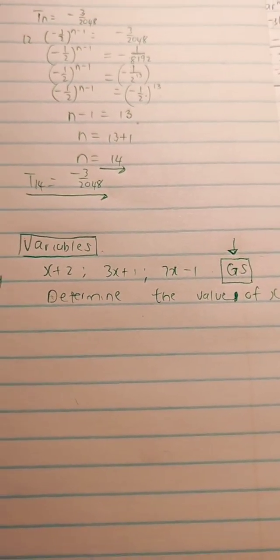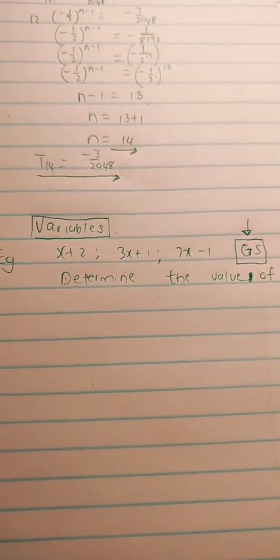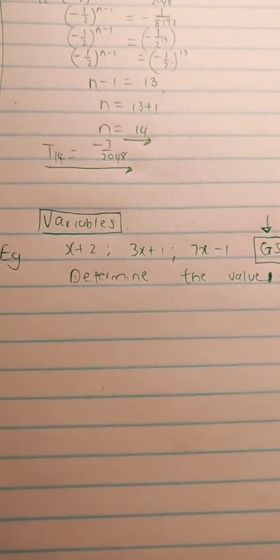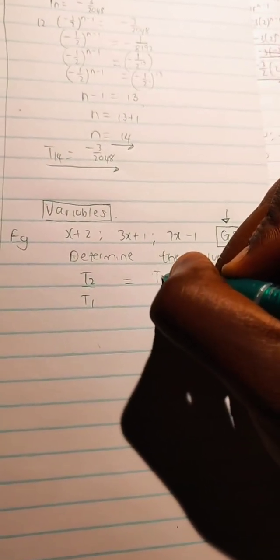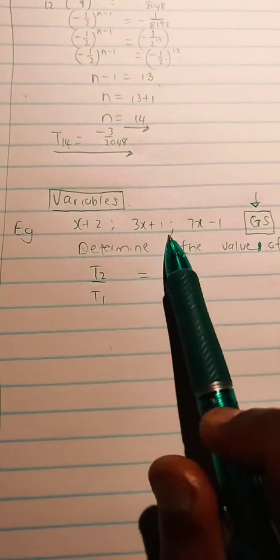Find the R. So we basically use the concept of R. Because we know that the constant ratio for a geometric sequence is a constant, we use that conceptual understanding, and that aids us in being able to calculate the value of x.